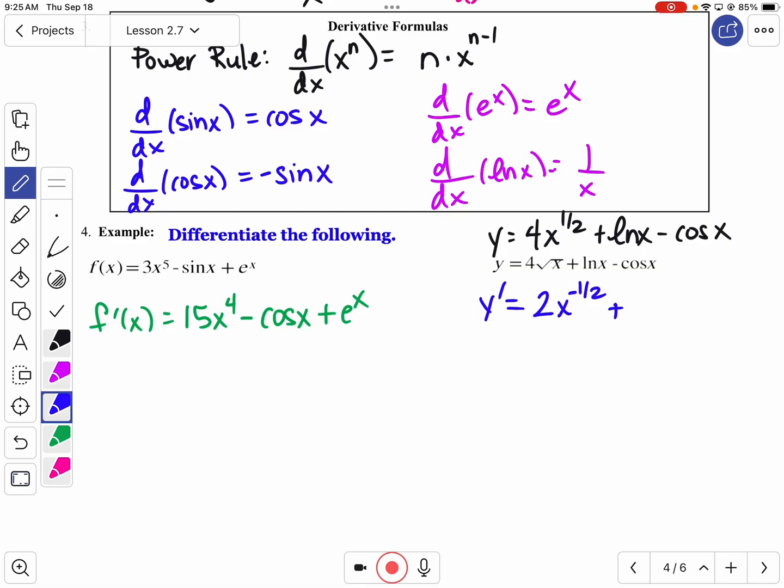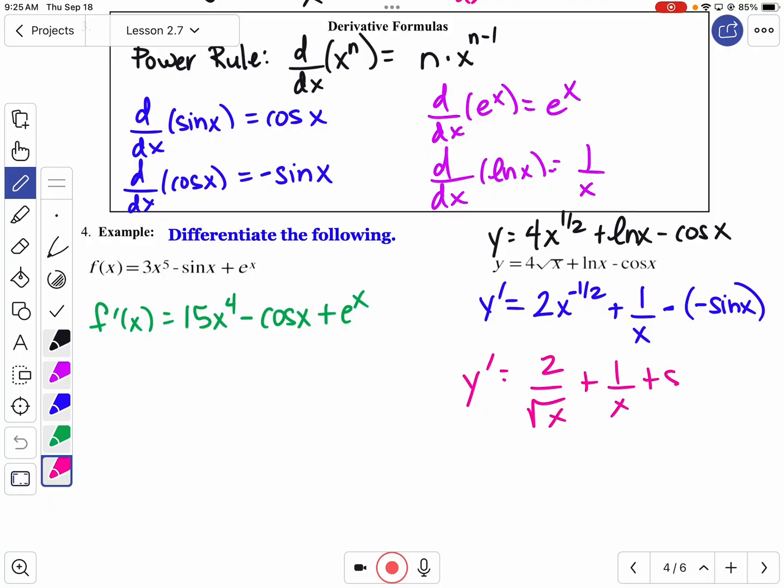Derivative of ln, 1 over x. Minus derivative of cosine, negative sine. So what's that actually going to give me at the end? Plus sine. So 2 over square root of x plus 1 over x plus sine. On a multiple choice, you'd probably see that pink answer, where they'd throw everything downstairs.